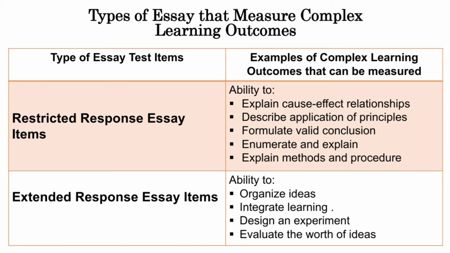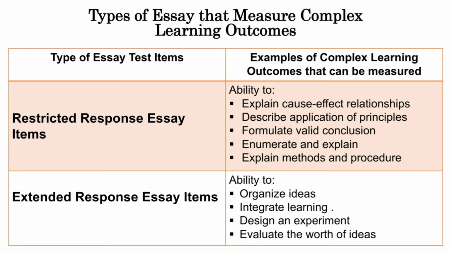So there are two types of essay test items, the restricted and extended response essay items. For the first one, these are examples of complex learning outcomes that can be measured: the ability to explain cause and effect relationships, describe application of principles, formulate valid conclusions, enumerate and explain methods and procedures.